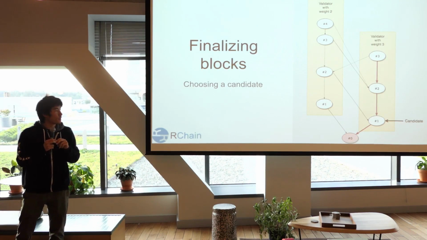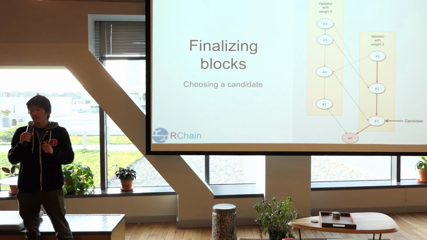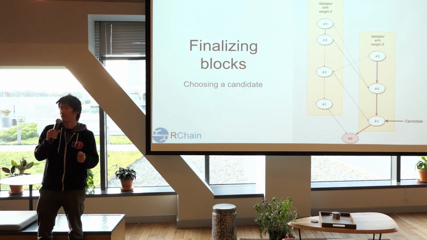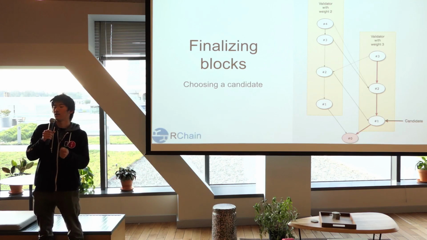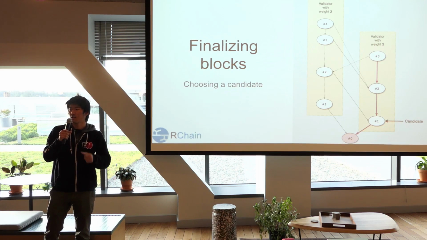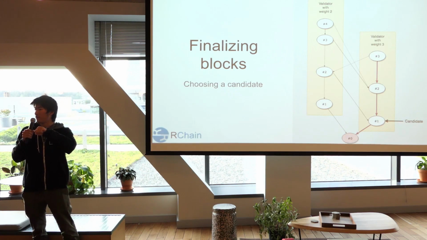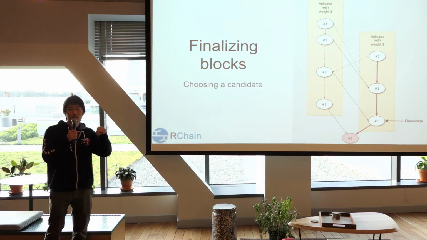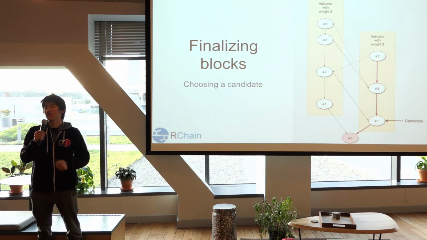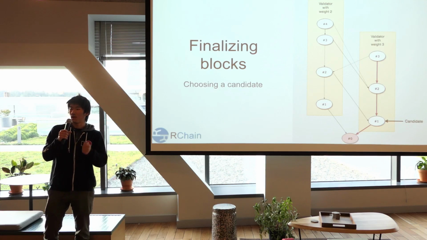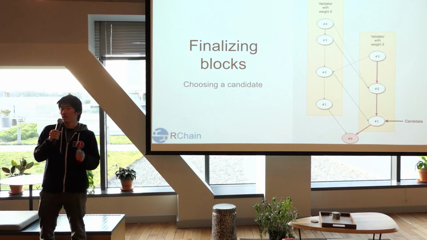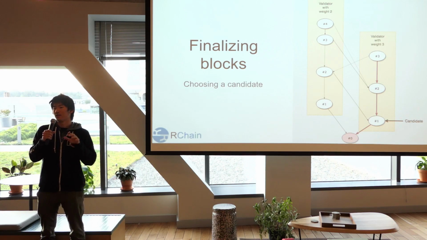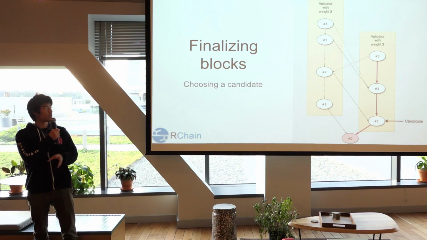Cool. Okay. So now we want to get on to finalizing blocks. So it's cool that we can decide, given a block DAG, what we're going to build on top of. But now we have this chain going on, and which blocks are safe? Or for which can we say that the transactions in here are going to stay in this chain as the protocol progresses?